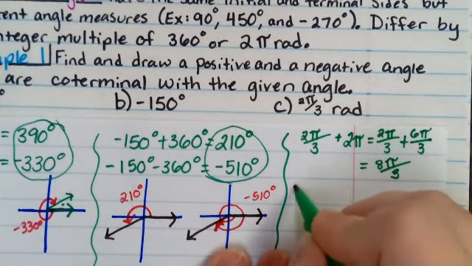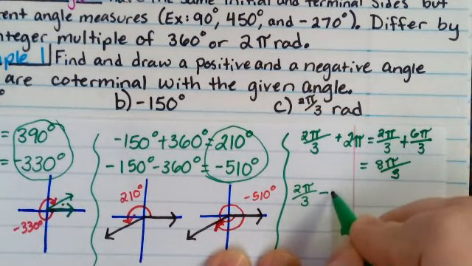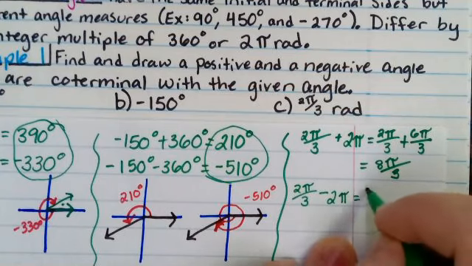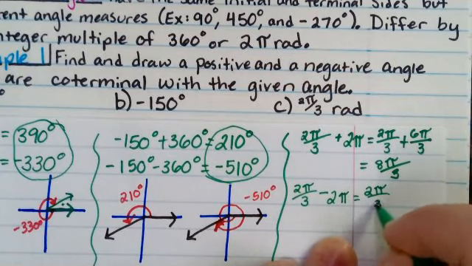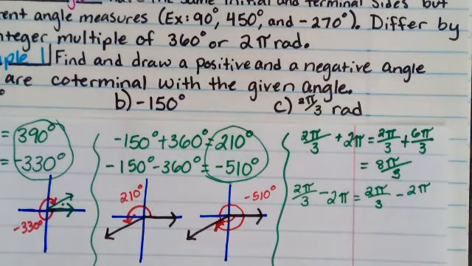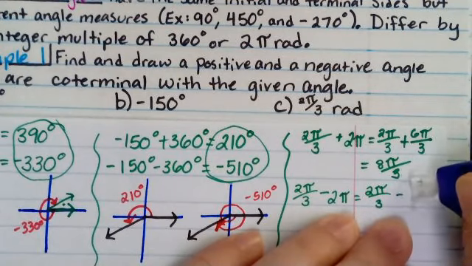For me to get the negative one, let's do that 2 pi over 3. I'm running kind of out of room, but hopefully you guys are able to write small enough so you can fit this a little bit better. So the same kind of deal, we have to get common denominators. Hold on. I started writing before I used my brain. So this is going to be 6 pi over 3 again.